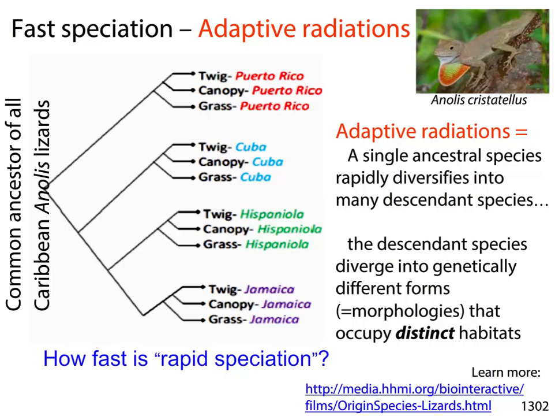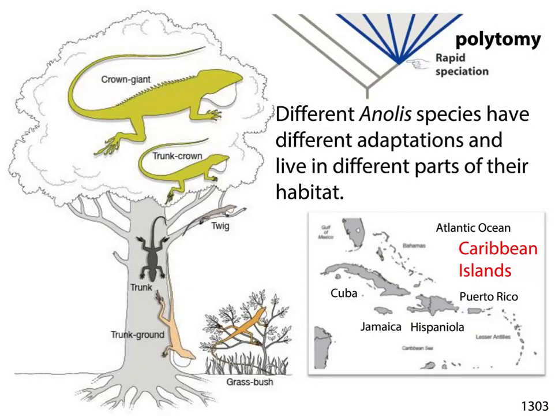Eventually they split up, diversified, and ended up in Puerto Rico, Cuba, Hispaniola, Jamaica. But what's interesting is they split into these different areas, but within each of these areas they occupy different niches or different habitats. Some will live on twigs, others in the canopy, and the next slide provides more information on this.